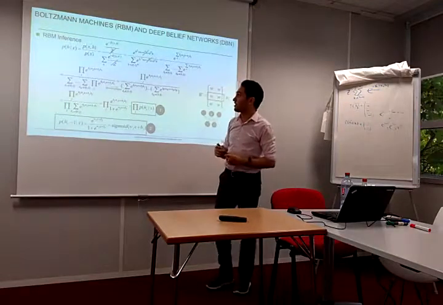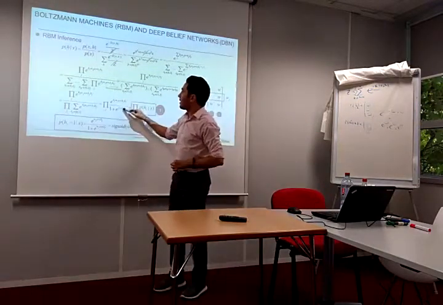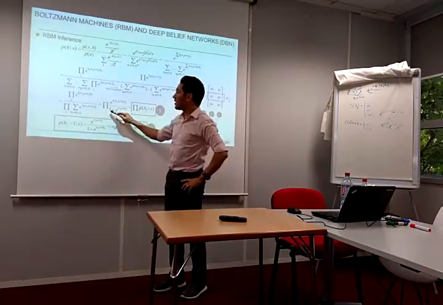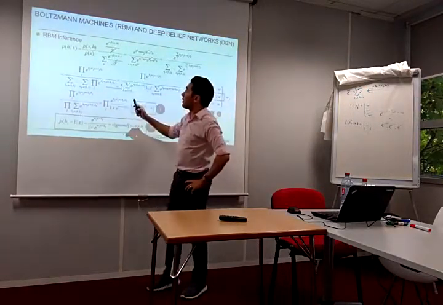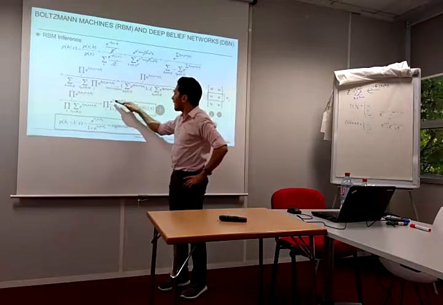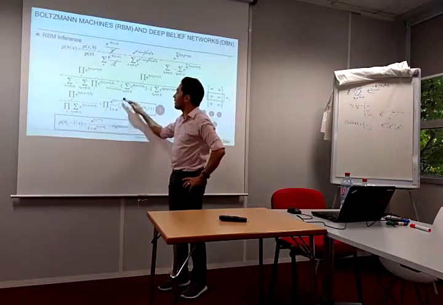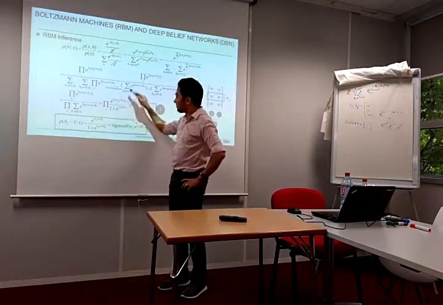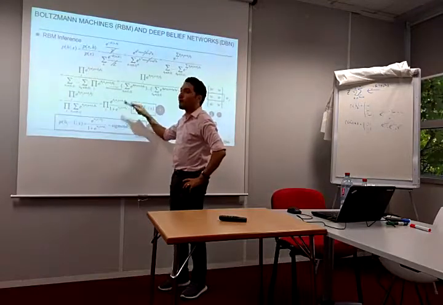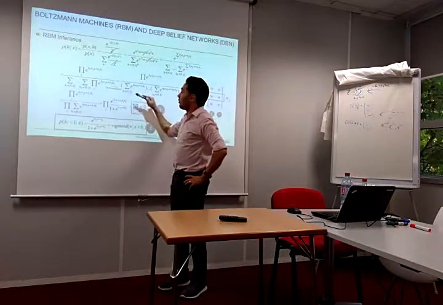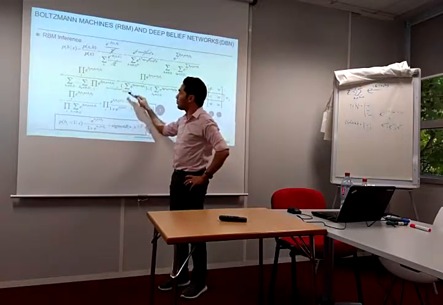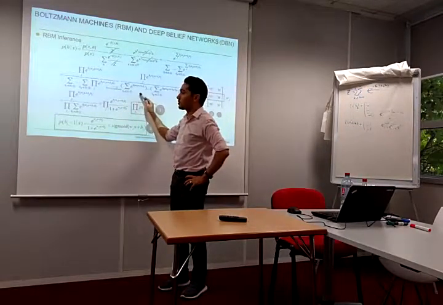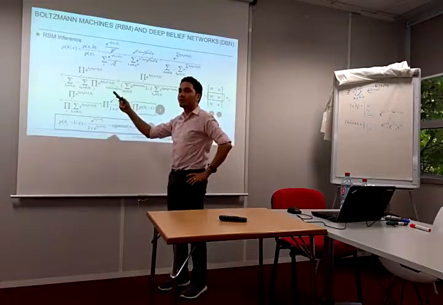is the multiplication of things over j. This means that p of h given x is equal to e to the power h1 (w1 x plus b1), j is always 1, multiplied by e to the power h2 (w2 x plus b2), j equals 2, multiplied by j equals 3.